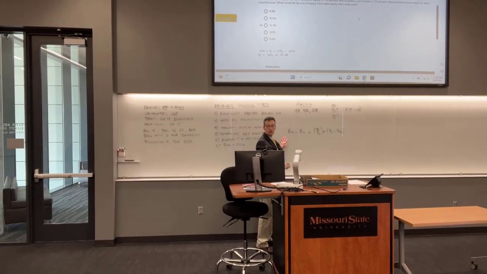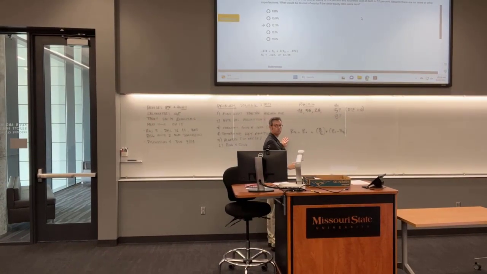Do we know the required return on stock? Yeah, it's the cost of equity, right? 0.174. Do we know R sub 0, or is that what we're looking for? That's what we're looking for, right? Plus, what's the debt to equity ratio?